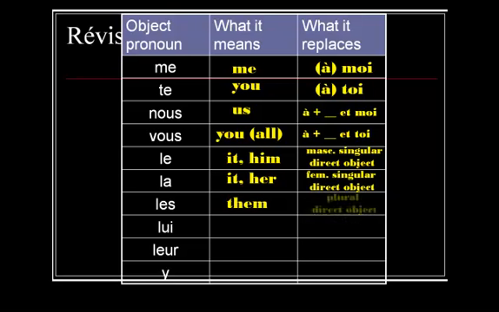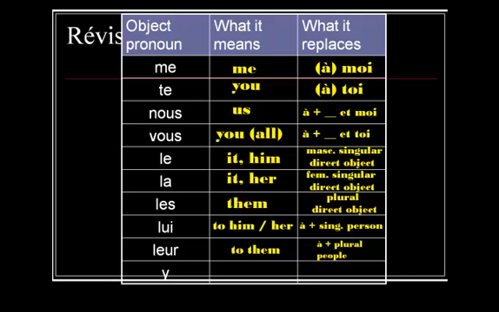It's going to replace plural direct objects. Lui is the third person indirect object, and it means to him or to her. Lui is going to replace à plus one person. Leur means to them, and it's going to replace à plus more than one person, or à plus plural people.